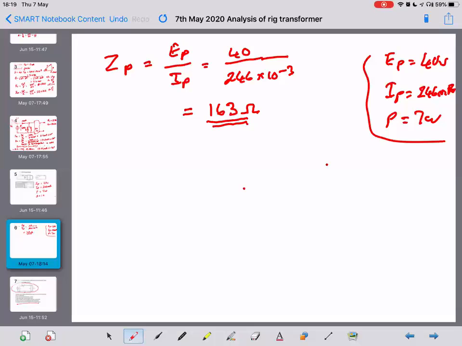Now, given the information that you've got, is there a way that we can find the value of the resistor? Is it power divided by current squared?